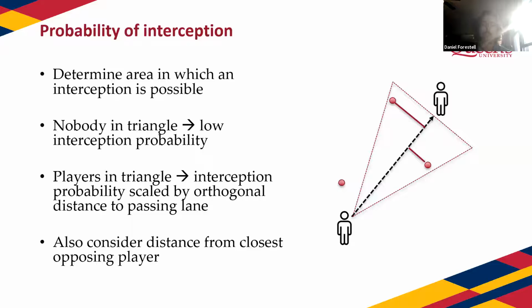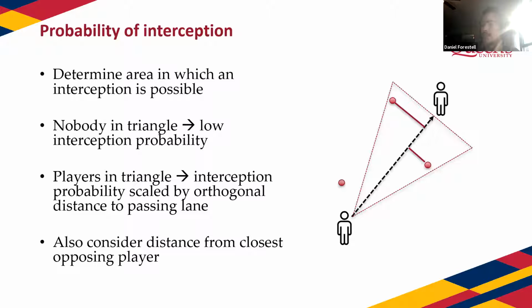So to do this, we created kind of a probability of interception, and we determined the area in which an interception was possible. The way we looked at that was we created this kind of triangle from the passing player to the receiving player, with that dotted arrow being the pass. These red dots here would be hypothetical opposing players.